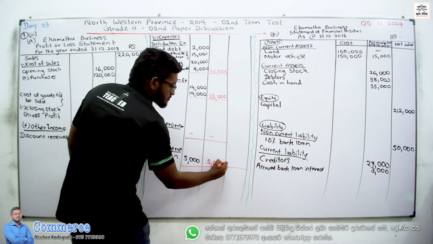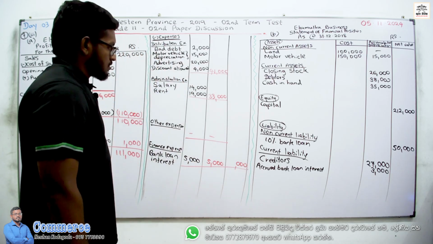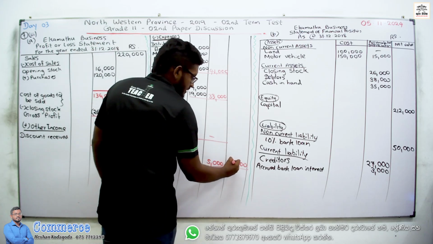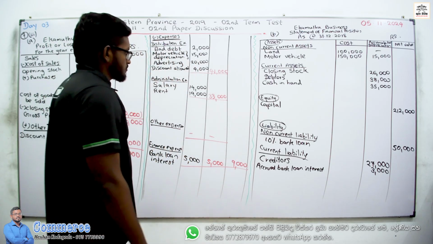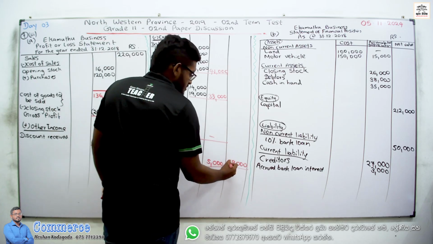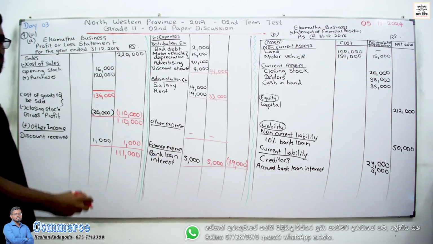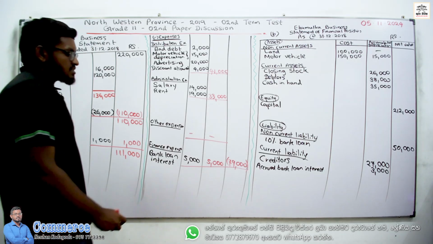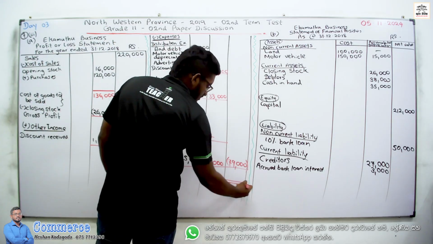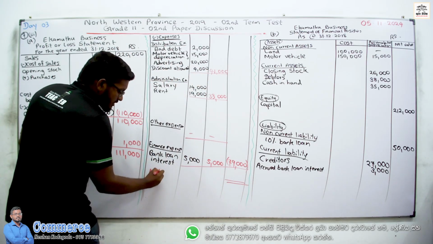Get the total: 79,000. Are you okay with this one, guys? Yes, sir. Right, just check the answers and tell me whether my calculation part is correct or wrong. So let's get the net profit.